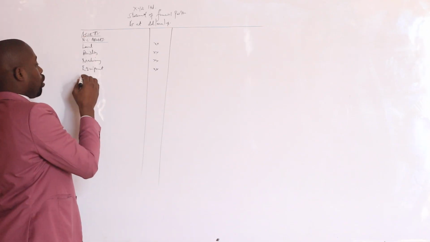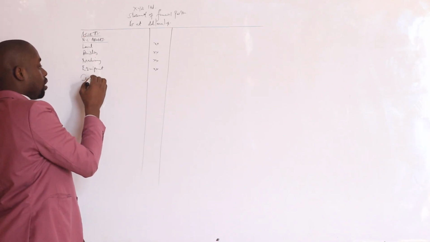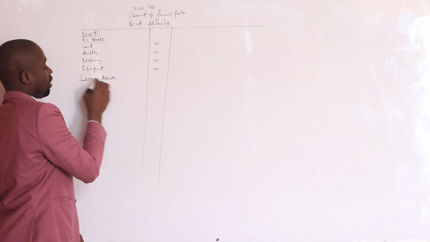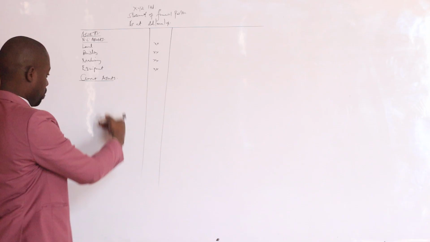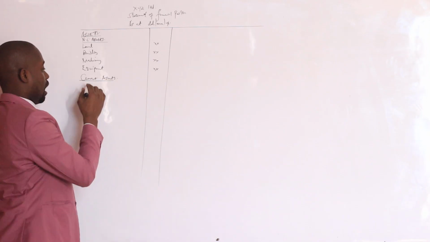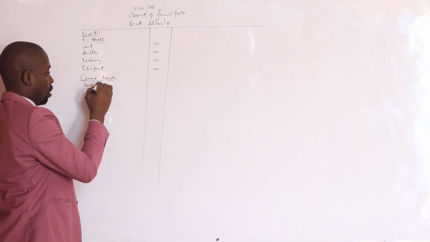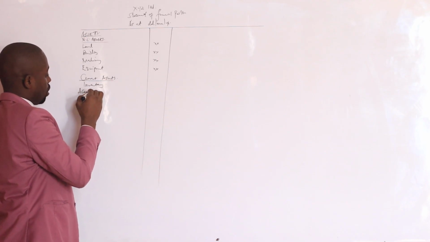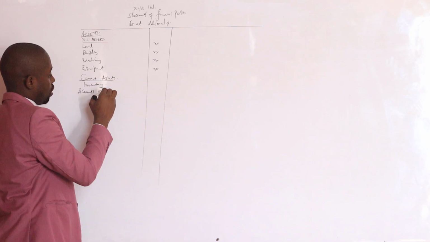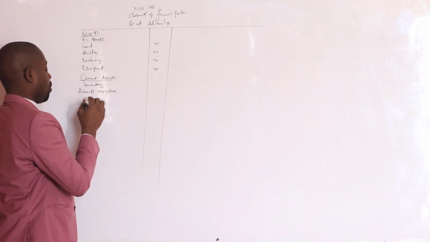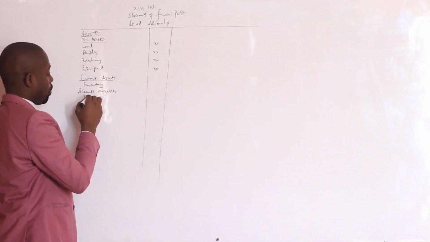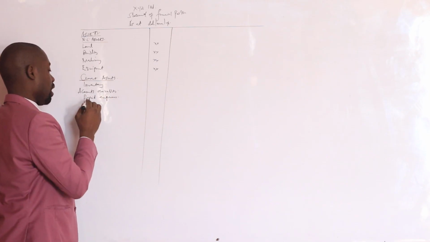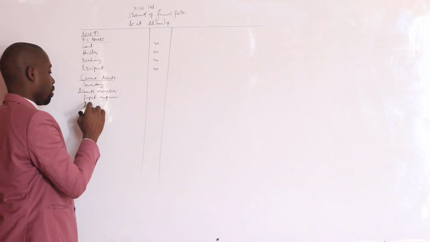Those are enough. We go to current assets, where I said the main current asset that gives birth to the others is cash, which will come last. So we'll have inventory, accounts receivables, we'll have prepaid expenses, we have accrued incomes.